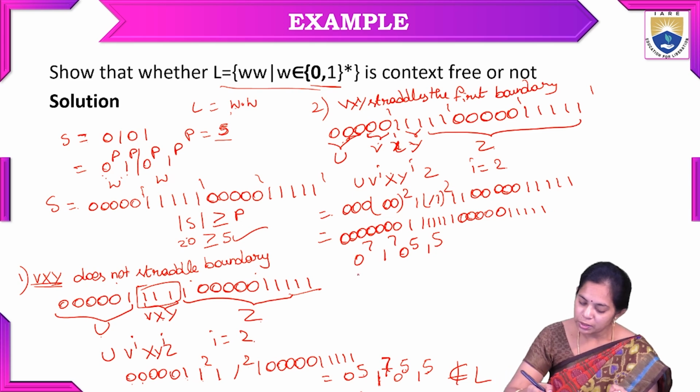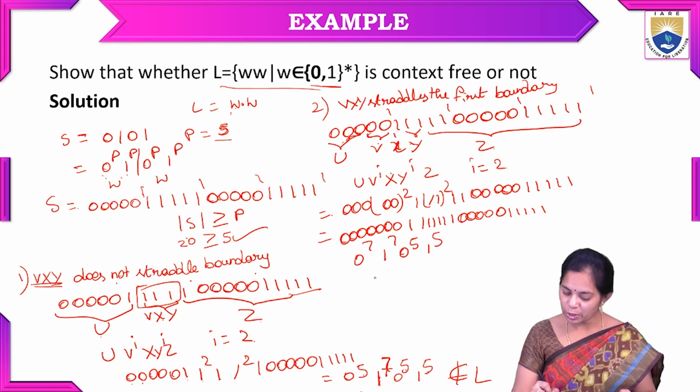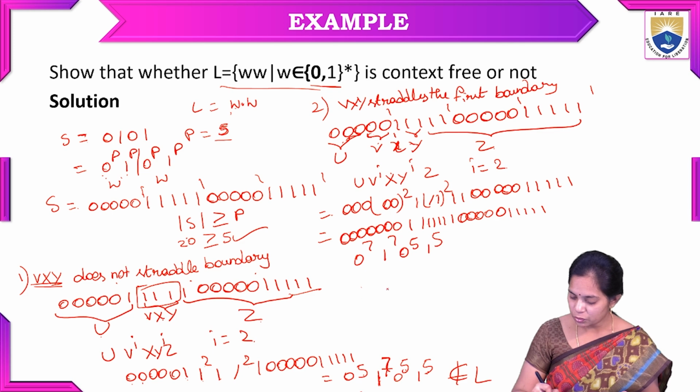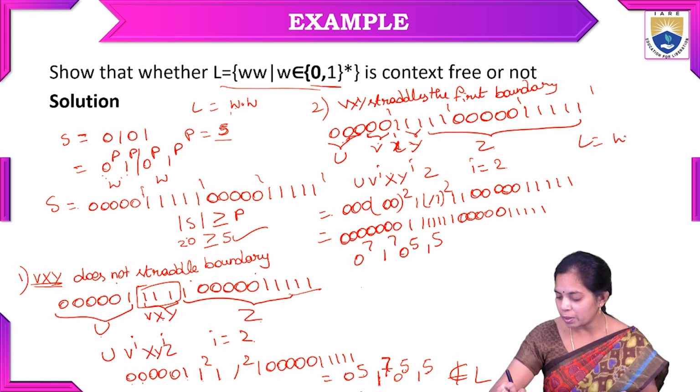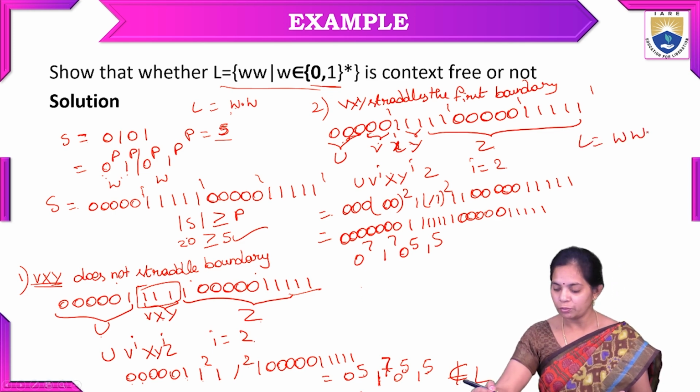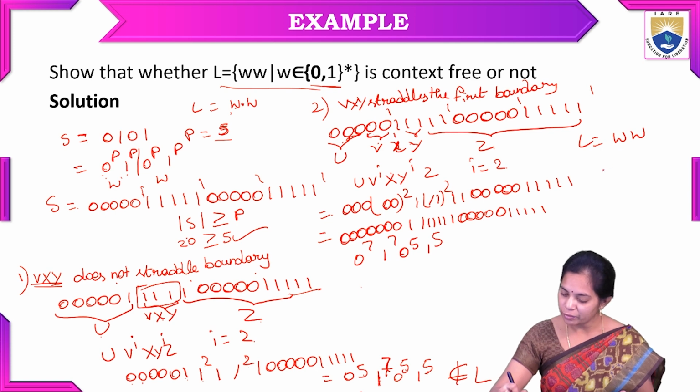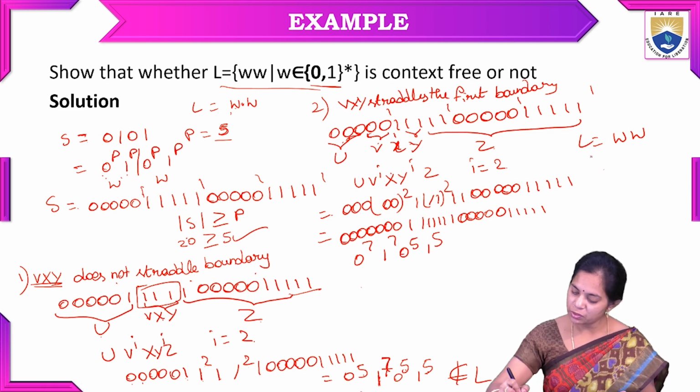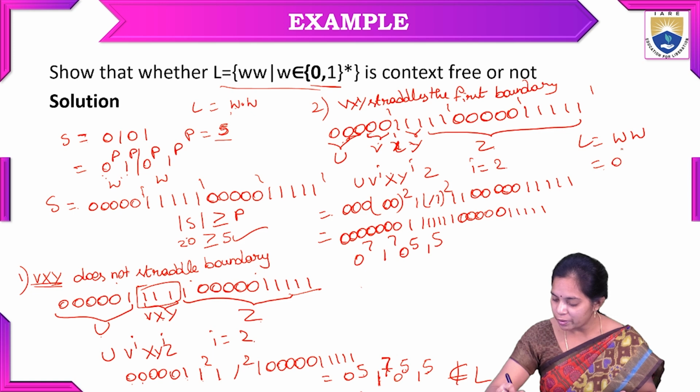So what we got? The language L is equal to w followed by another word. If you take the first string, 0 power p, 1 power p followed by 0 power p, 1 power p.